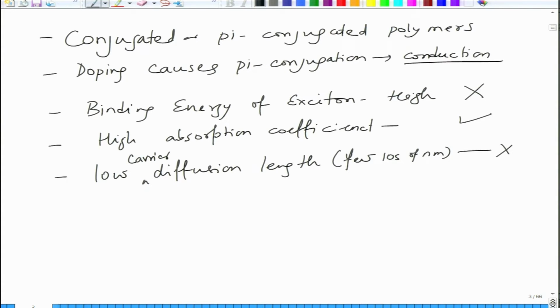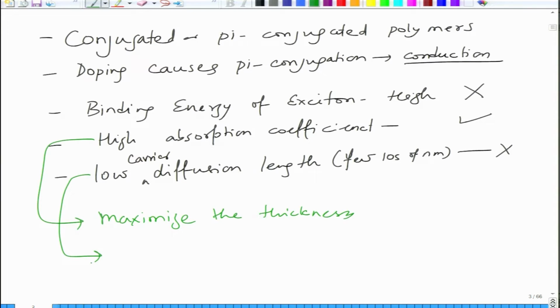So, on one hand you would like to maximize the thickness because of high absorption coefficient, so that you are able to absorb maximum amount of light. On one hand we have a conundrum that because of this we would like to maximize the thickness, but one cannot indiscriminately increase thickness because carrier diffusion length is lower.